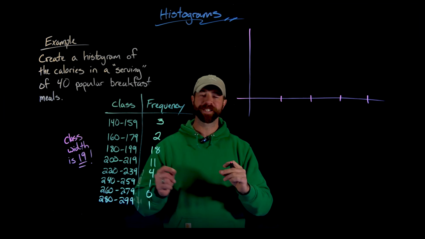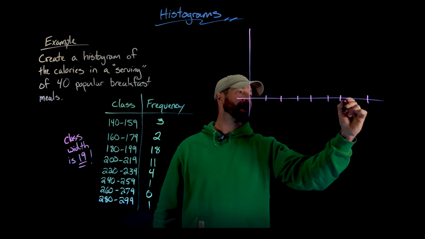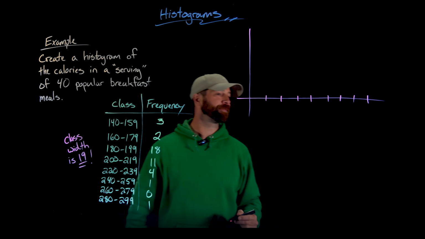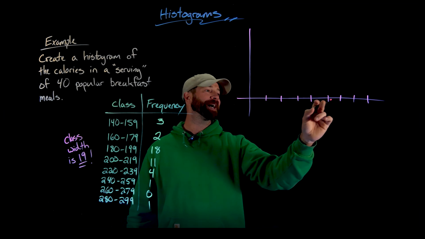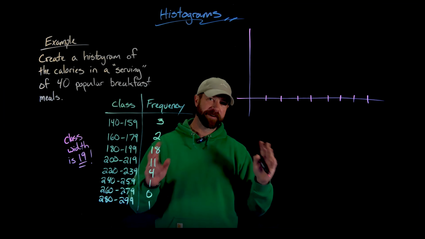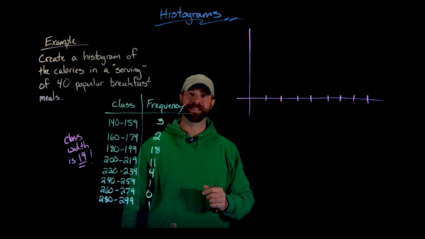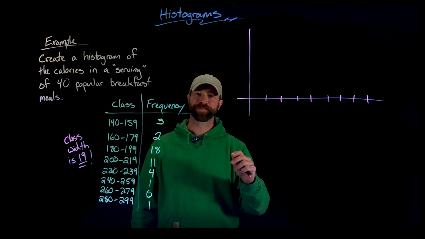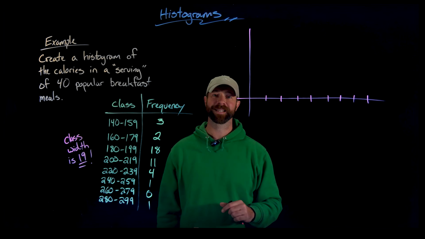And finally, and the reason I chose 8, I'm going to cut each of these in half. And yeah, they're not perfect, but it's pretty good. I now have 1, 2, 3, 4, 5, 6, 7, 8 fairly evenly spaced areas for these classes to reside in. I'm now just going to clean up my axes for a second, and we'll be back to put this data for this frequency table into the histogram.